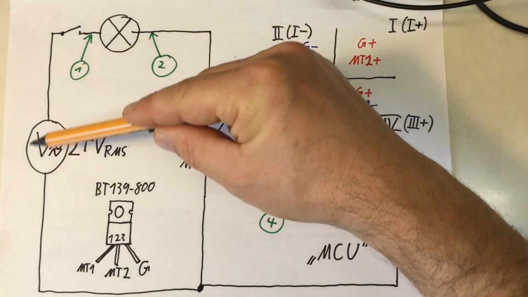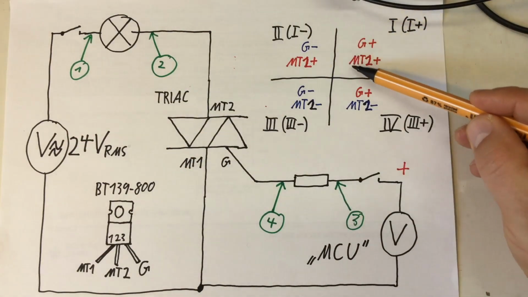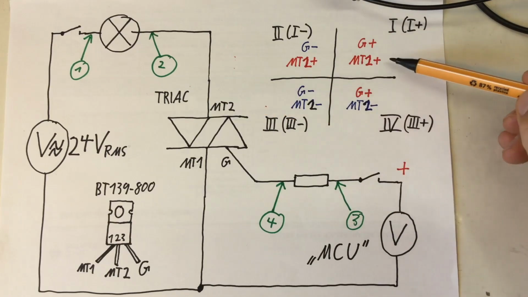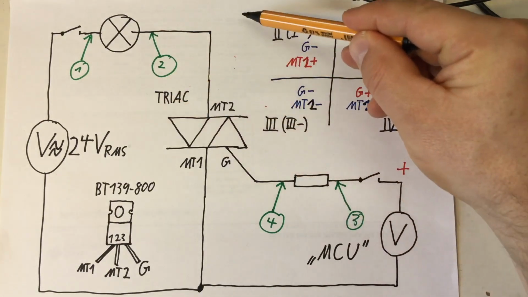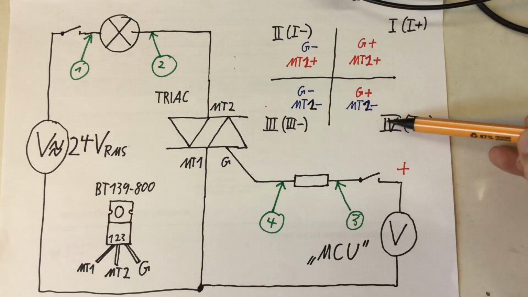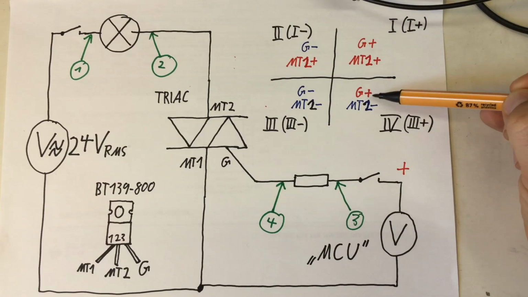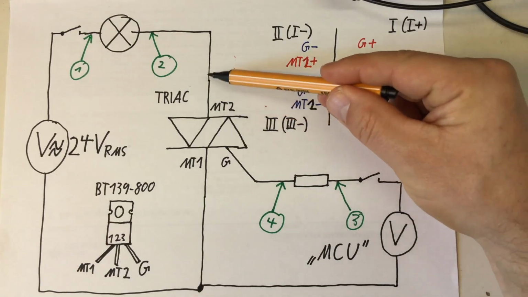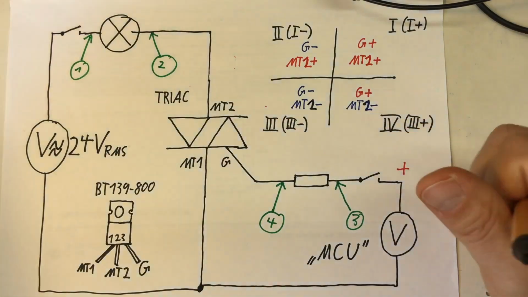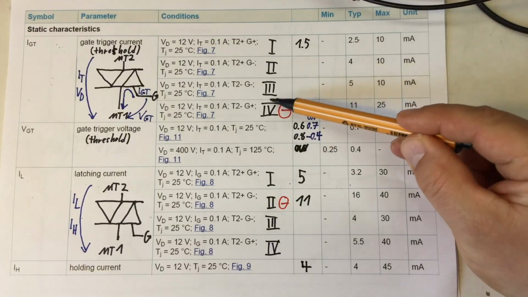And that means in a positive half wave from my AC supply, I'm operating in quadrant 1, gate positive, main terminal 2 positive, and in the negative half wave from the transformer, I'm actually in quadrant 4. Gate still positive, always positive, but now my main terminal 2 is negative in relation to main terminal 1. And you remember, quadrant 4 is a bit of a bad quadrant.